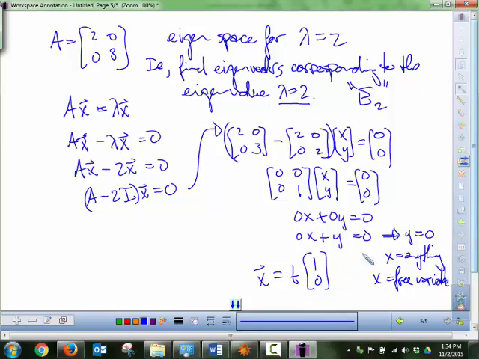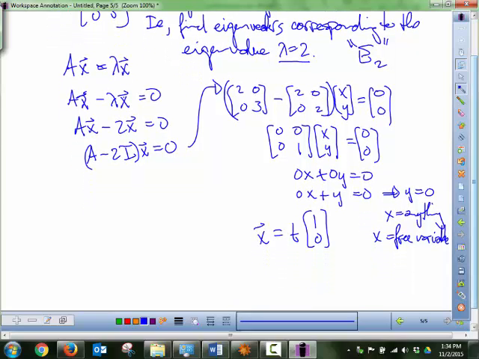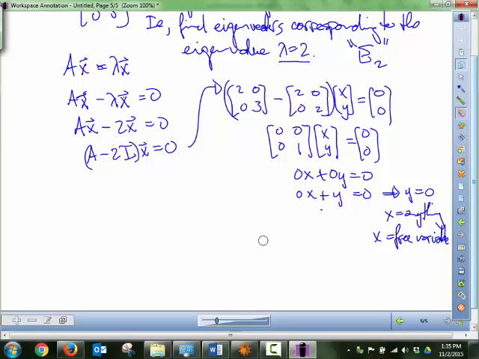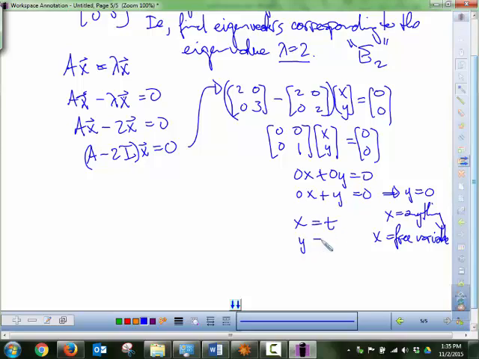So x can be anything, y is equal to 0. Maybe I should write that out before I write this. There's a few steps that I'm kind of skipping around here. Since we did it the way we did it, we have x can be anything, and y is equal to 0.